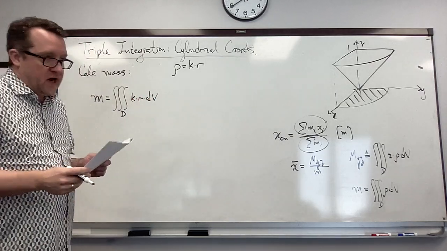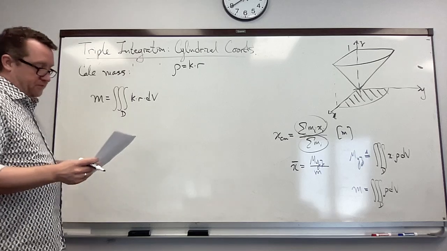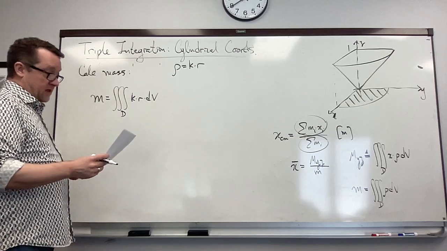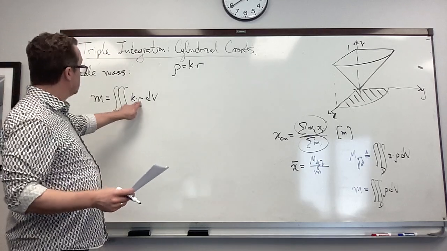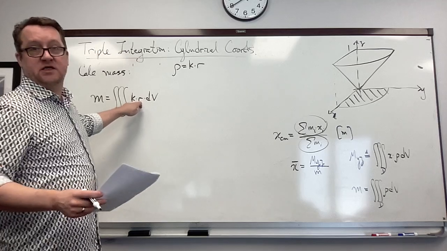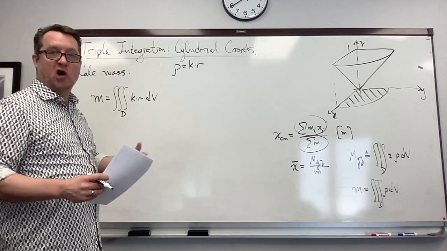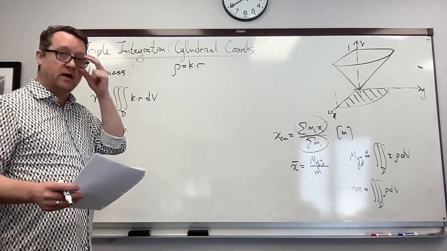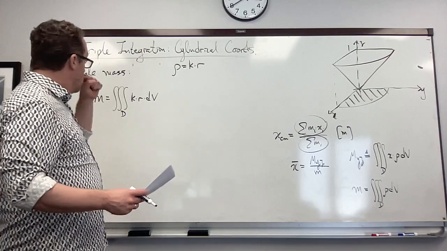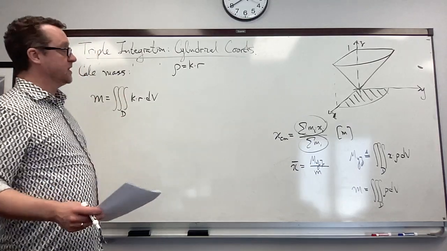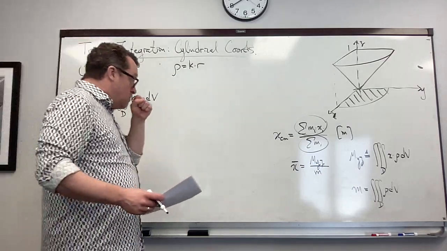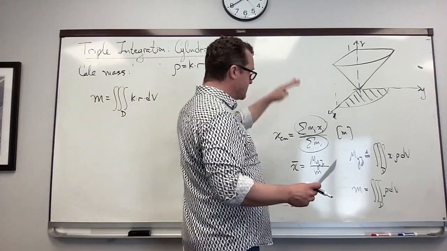And now all we have to do is get the limits of integration. We were given this in cylindrical coordinates, and we know the density is a function of r, so that's in cylindrical coordinates already. We don't have to convert anything. We just have to decide how we're going to integrate this. It's an iterated integral, so we have to decide the order.